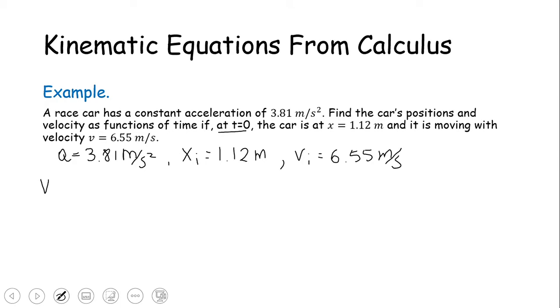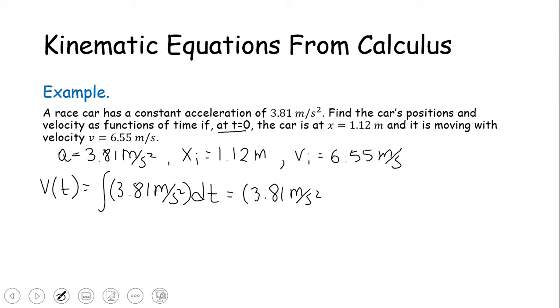So in order to find the velocity, we start by integrating the acceleration, which in this case is just this number here, 3.81 meters per second squared dt. Because it's a constant, it gets pulled out of the integral, and so we just get a factor of t that multiplies that.